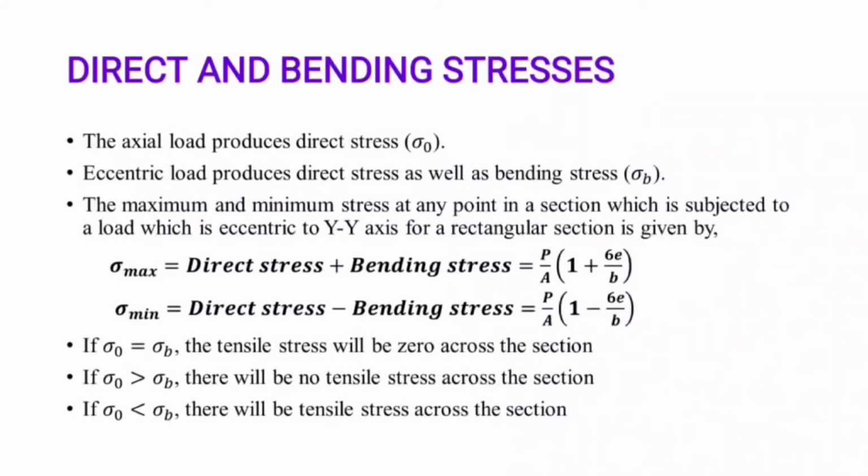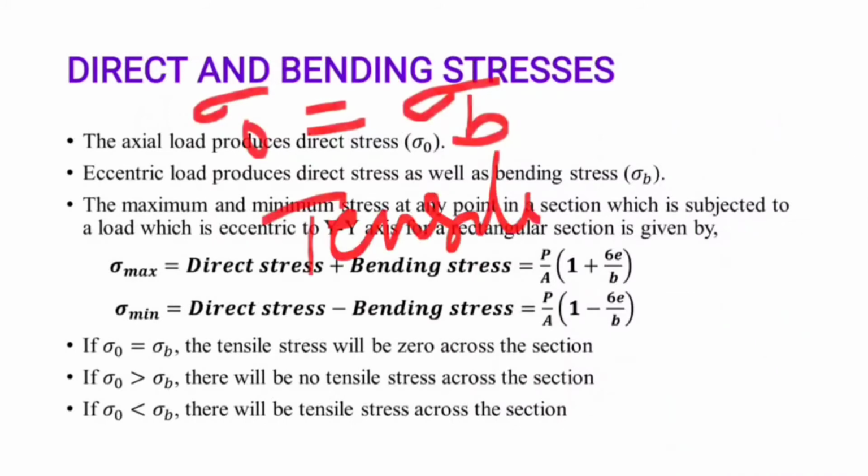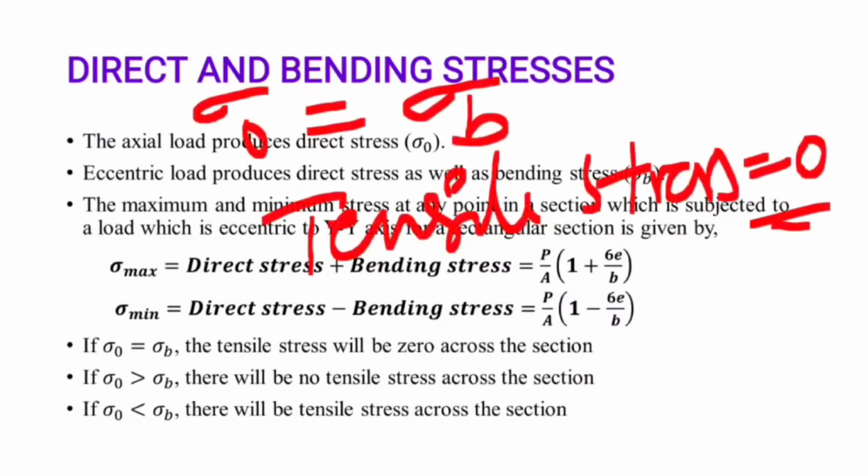We consider a rectangular section. There are three cases. If direct stress is equal to the bending stress, tensile stress will be 0 across the section. If sigma naught is greater than sigma b, there will be no tensile stress across the section.